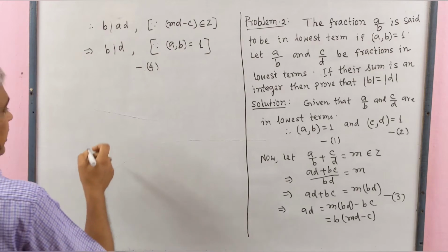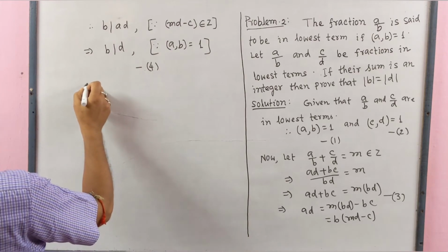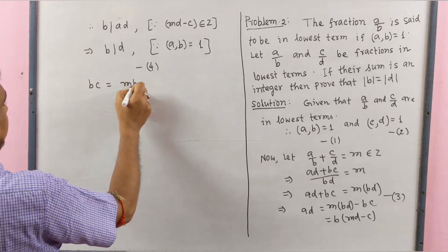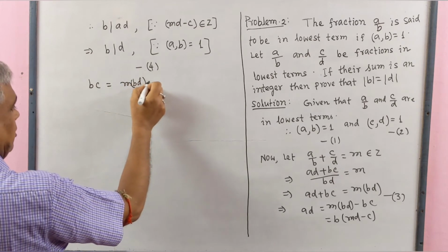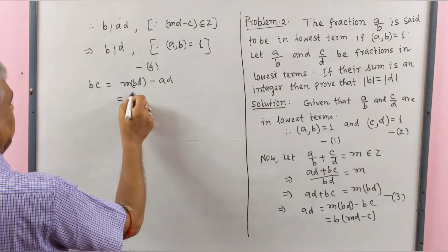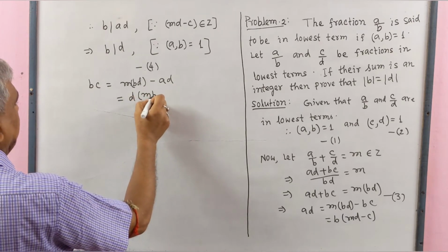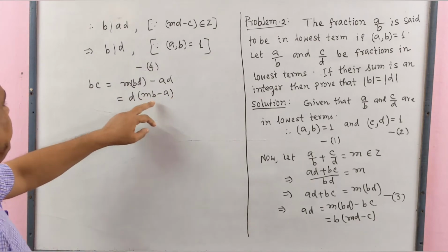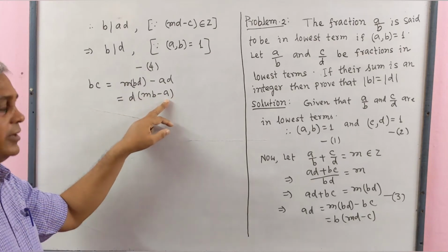From 3 we get bc equal to mbd minus ad. This equal to d times mb minus a. Here m, b, a all are integers.